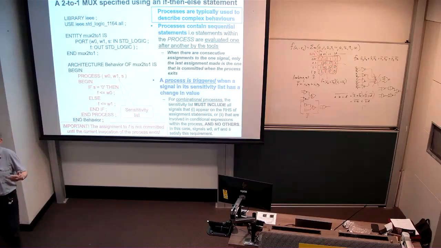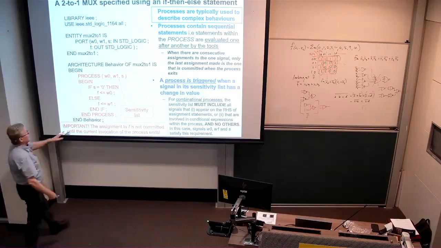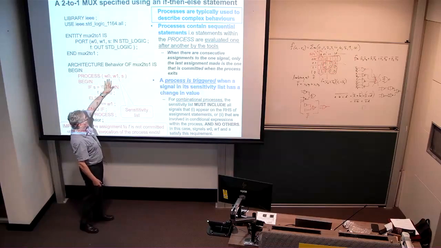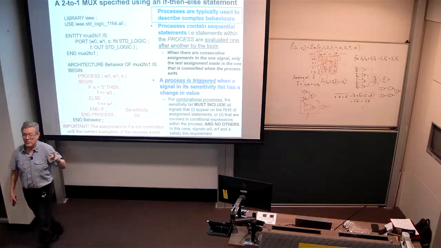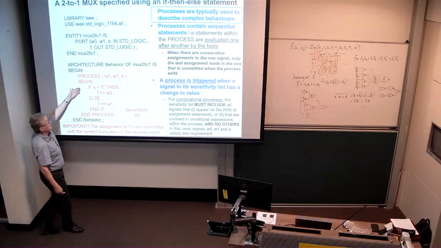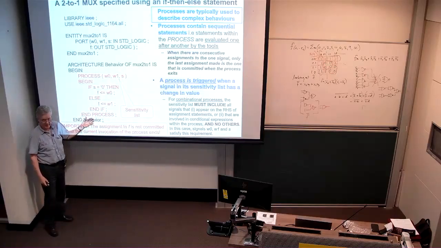So a process that describes combinational logic. Combinational logic only has and, or, not gates, only implements Boolean functions. Only if one of the signals in its sensitivity list changes is the process triggered and this code evaluated.